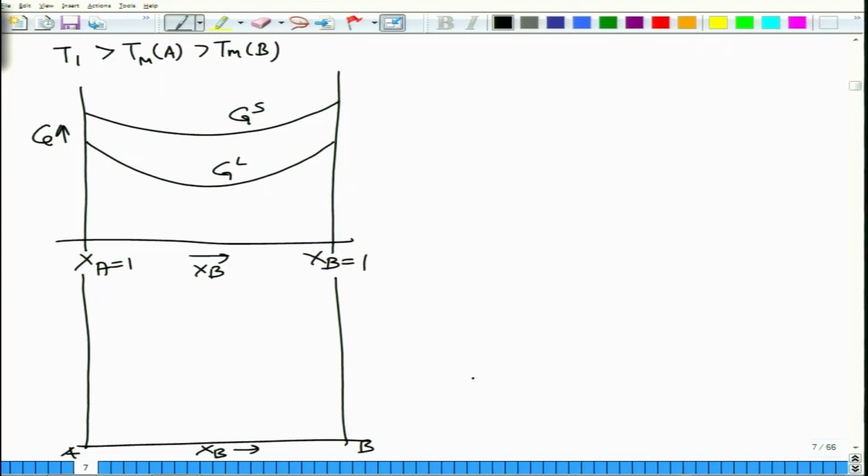At this temperature, the free energy curve shifts a bit. So this is the free energy curve of the solid phase, this is the free energy curve of the liquid phase. This temperature T2 is lower than Tm of A but higher than Tm of B. We will redraw it.